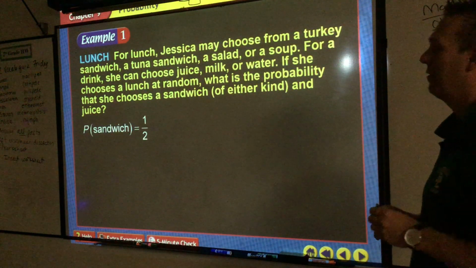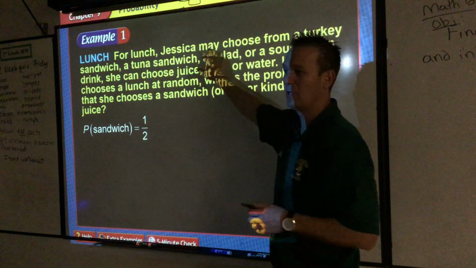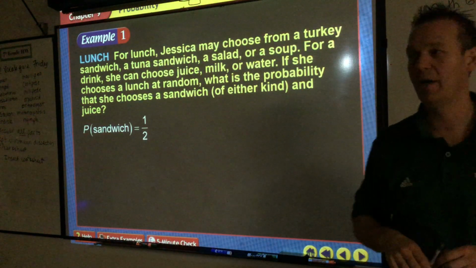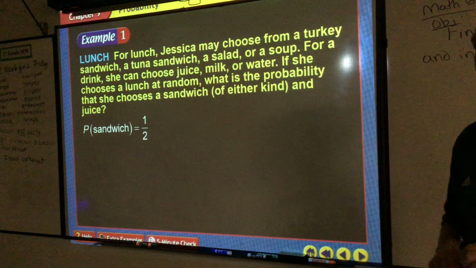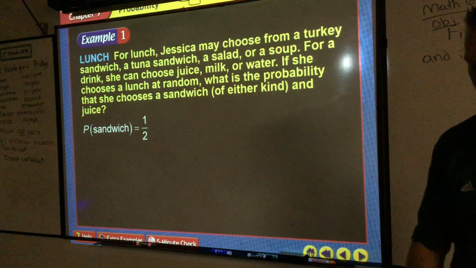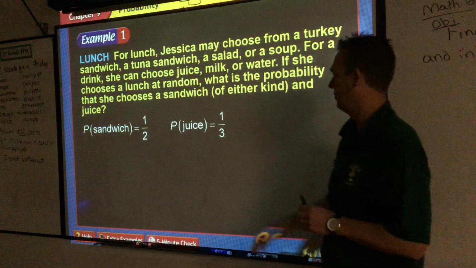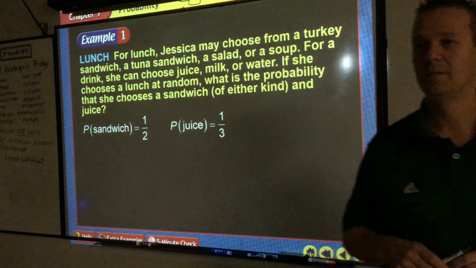Okay, so first of all, we have to find out what the probability of getting a sandwich is. Well, getting a sandwich is 2 out of 4 or 1 out of 2. Agreed? Yes. Okay, so we write that down first. Probability of a sandwich equals 1 out of 2. And then we find out the probability of getting juice is 1 out of 3. Right?